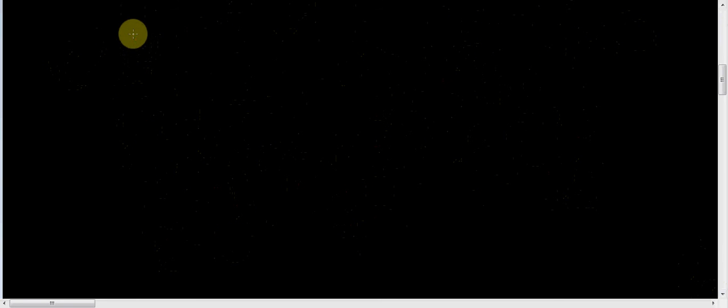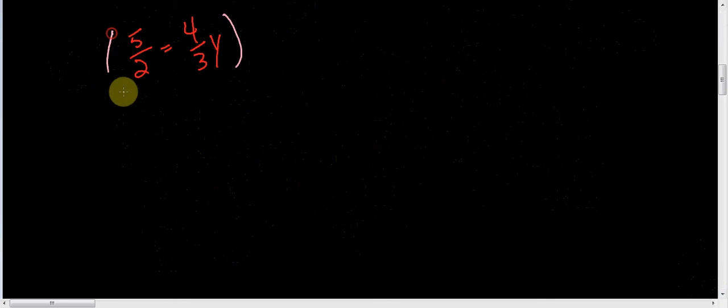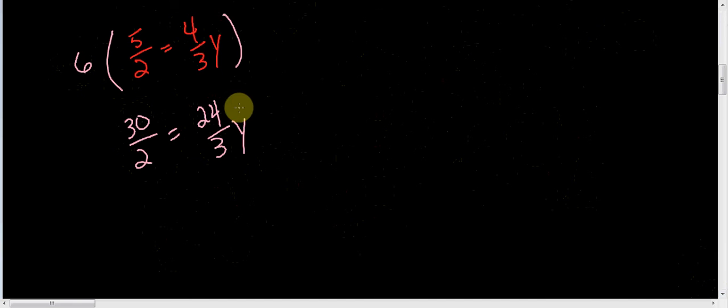Alright, let's take a look here at another problem. We have 5 over 2 is equal to 4/3 y. The LCM of 2 and 3 is 6, and therefore we have 30 over 2 is equal to 24 over 3y. 30 over 2 is 15. 24 over 3 is 8.